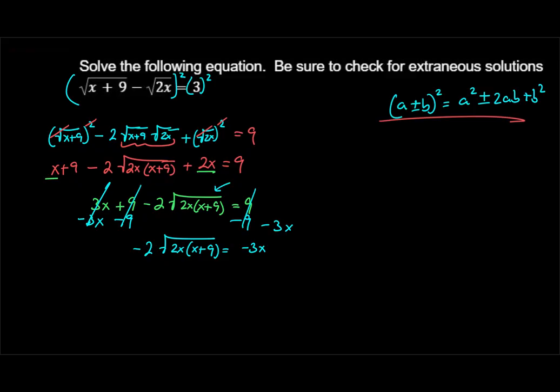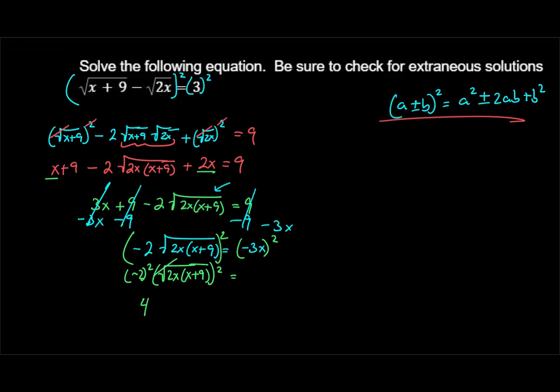So I'm going to go ahead and just square both sides as my next step. Exponent properties, with product of power, so I'll square the negative 2, and I'll square the radical separately, so the square root of 2x times x plus 9 squared. And then that will give us positive 4.